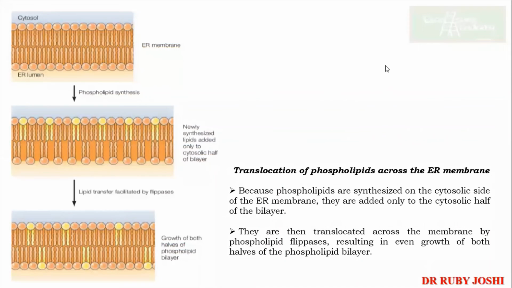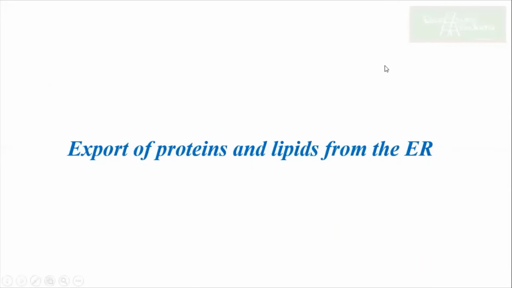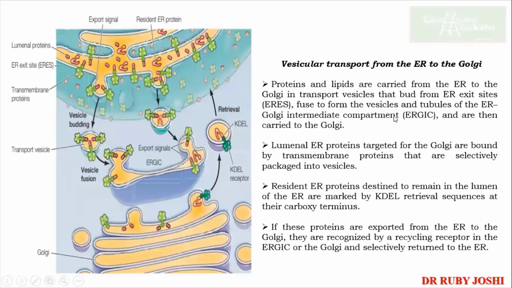Okay. So now the export of proteins and lipids from the ER. As we have discussed in the case of the nucleus, there are certain sequences, right? So that it is understood like what kind of protein should be taken in or what should be exported out, right? In the same way, for ER also, there are specific sequences which you have to remember. Now look at this.